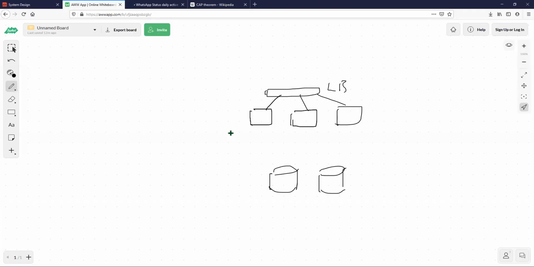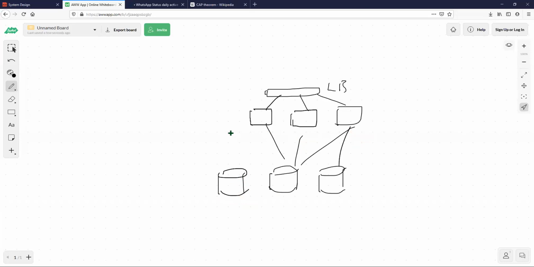So for the database, the chart is as usual: we have the load balancer, we have the cluster of the database, and some of them can be SQL, some of them can be NoSQL. There's nothing very unique in this design.